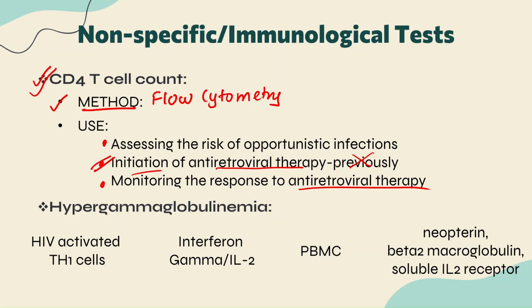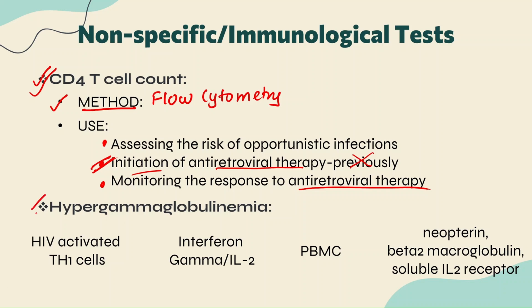Okay, this new guidelines and all these things we are going to describe under the treatment wala part. But for the time being, this initiation of ART was you can say kind of an older indication for doing a CD4 T cell count, guys. Okay. So this was one of the non-specific findings.